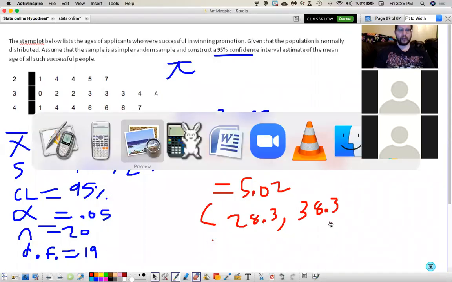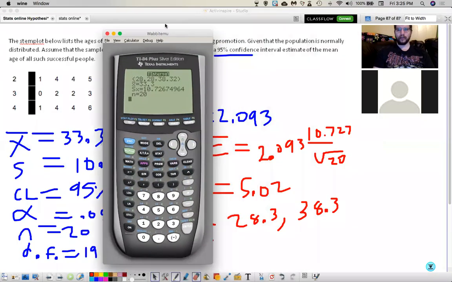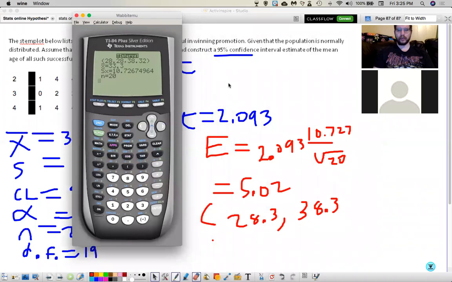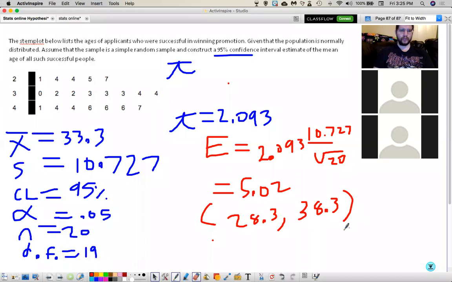And let's see how different that was without the rounding. Okay. So rounding to the 3 decimal places didn't change our value. We still got the same 10th place, 28.3, 38.3. So we're good. That's the confidence interval.